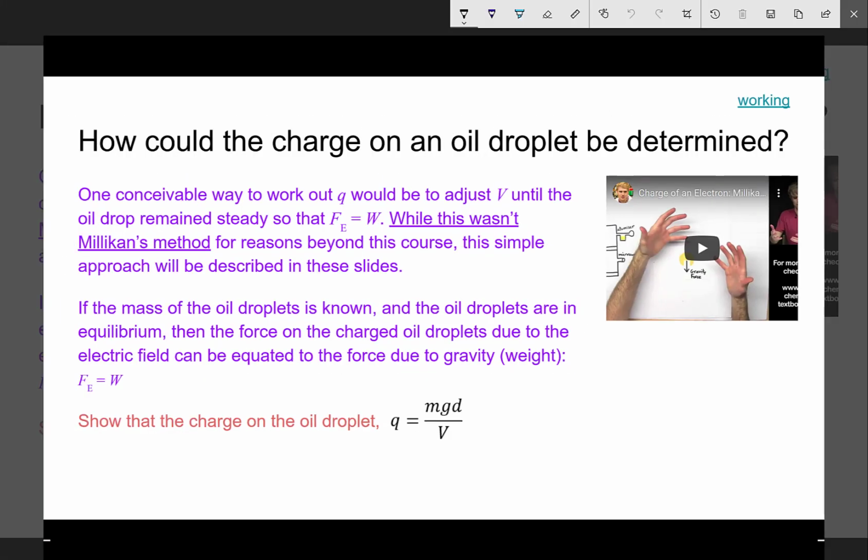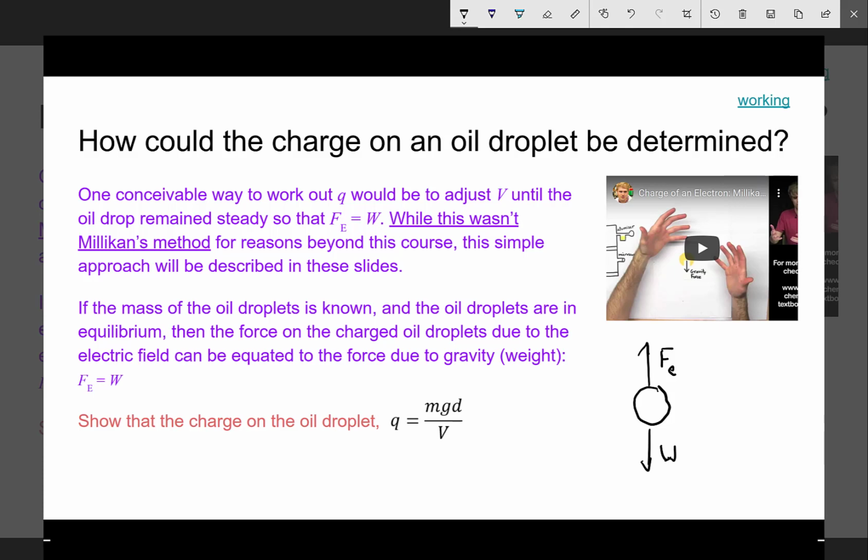So if I have an oil droplet, then there are two forces acting on it, and they must be perfectly balanced. Our weight force is balanced by our electric force. This wasn't Millikan's method, but it's a simplification and it lets you understand most of the important physics concepts involved.